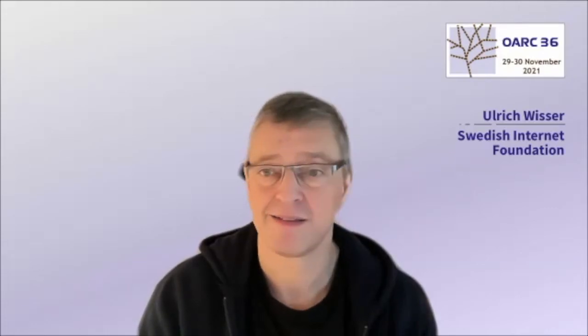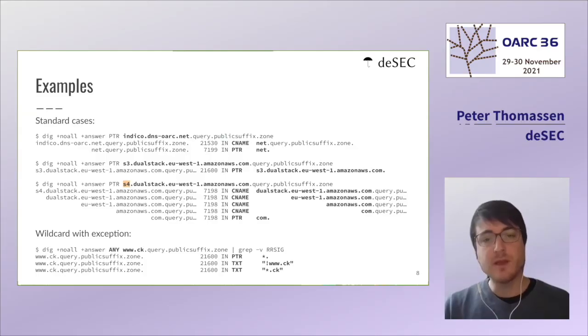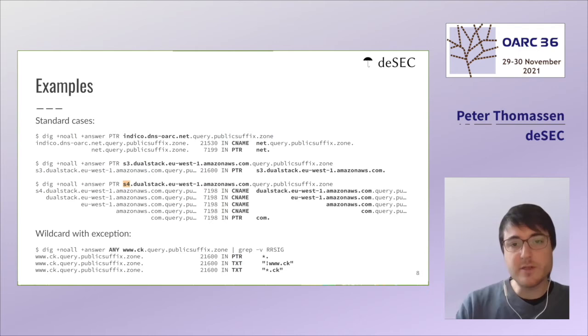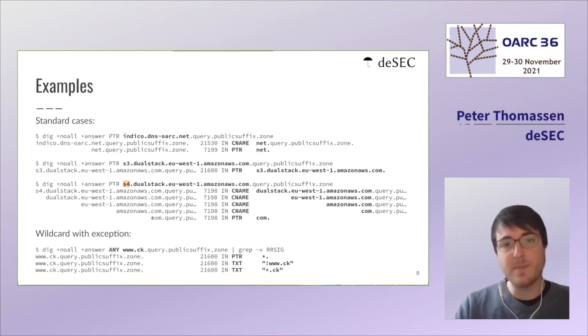Yes, so we have a first question here, Peter. Greg Charles asked, with the S4 example, do you have to have CNAMEs for every level? I think so. So the alternative would be to have a CNAME at, let's say, star.com, right? Just like star.net earlier.